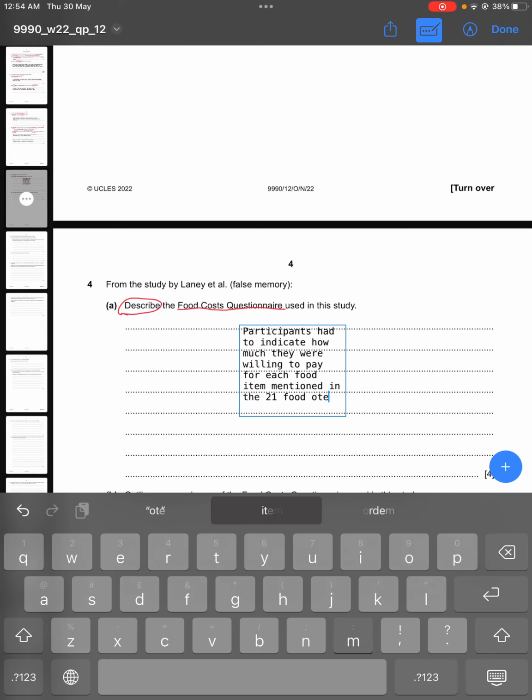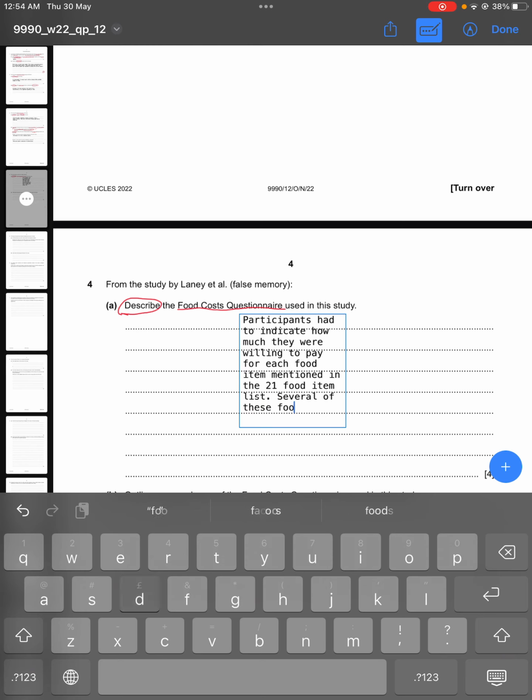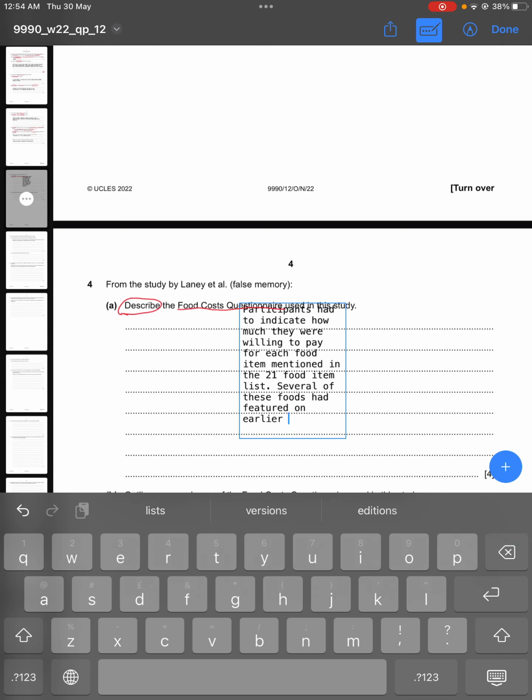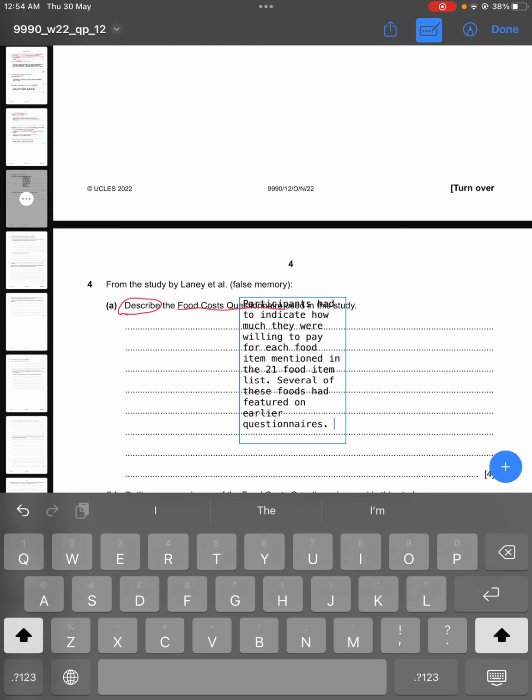And then several of these foods had featured on earlier questionnaires as well. They were familiar with these items because they were mentioned in other previous questionnaires as well.